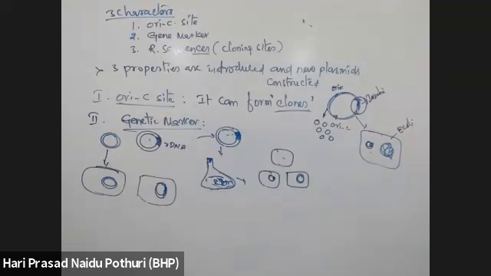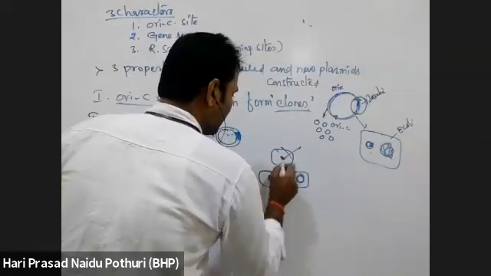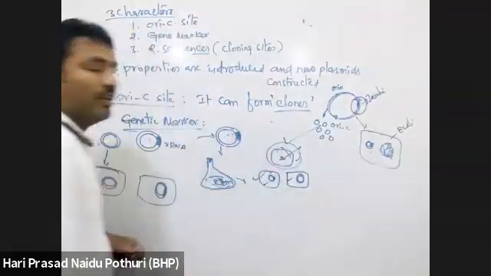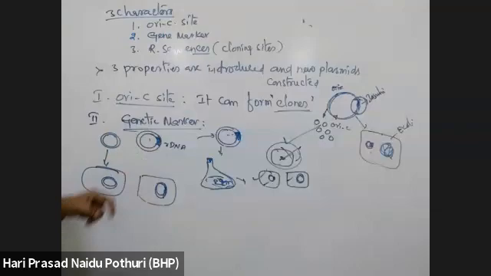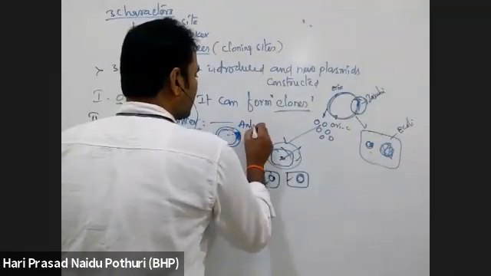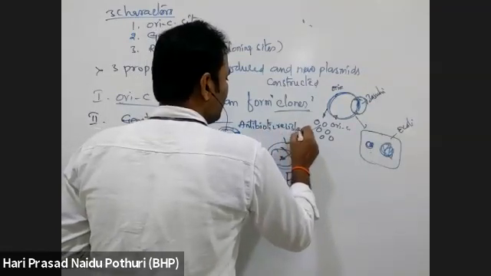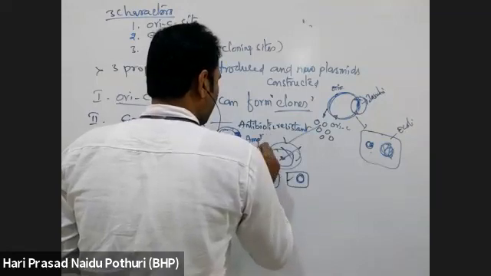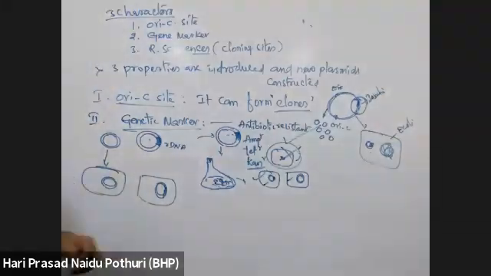Usually transformants can be separated from non-transformants. So elimination of non-transformants and selection of transformants is done by genetic markers. The genetic markers we are using are actually antibiotic resistant genes, like the ampicillin resistant gene, tetracycline resistant gene, even kanamycin resistant gene, and streptomycin resistant genes.